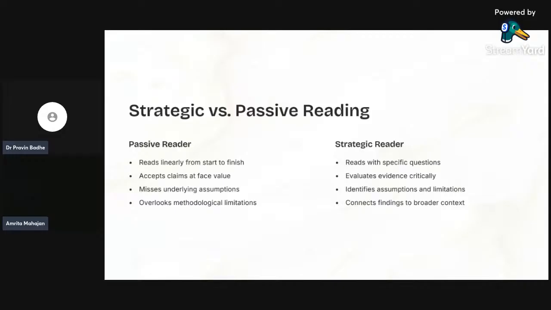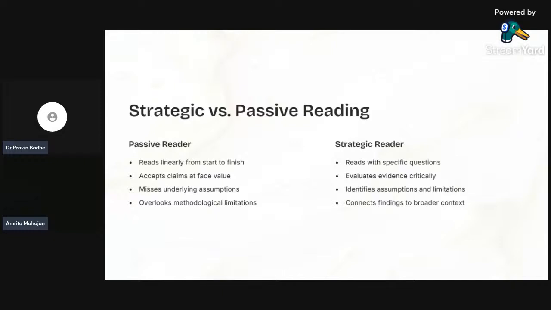Strategic readers are those who read with specific questions. Whatever you are reading, might it be an abstract or an introduction, you have to come up with your own questions, and you are the one who will be answering them, checking whether you are getting that particular answer in that particular phase or not.